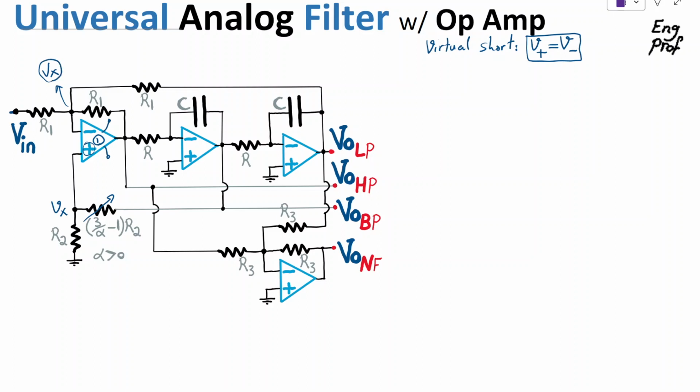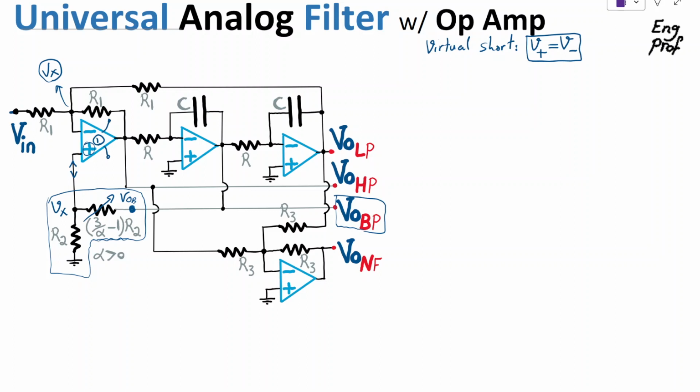So what is that Vx? You can see that we have Vout bandpass, or Vout B, that is connected to the input of the potentiometer. So basically from Vout B to, say, Vx is just a voltage division between these two resistors. That's it, because for an ideal op-amp in the linear region, no current comes in or goes out of the input terminal. So it's just simple voltage division.